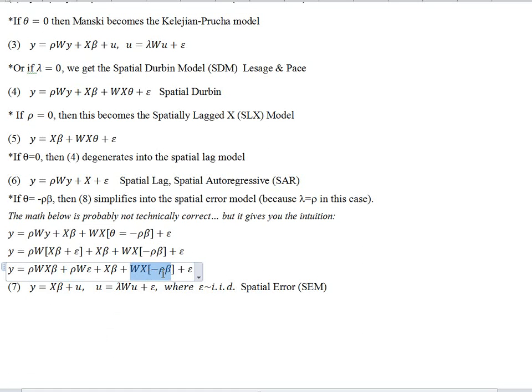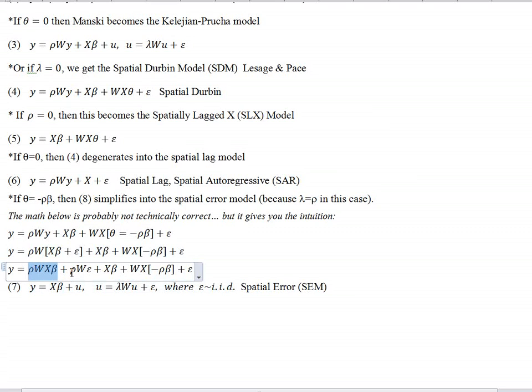Well, WX times minus rho beta and this rho WX beta. I know these are in the wrong order. You don't have to write me emails and correct me. I already said that up here. So this is just so you can get an intuitive feel. This term and this term are going to cancel. WX minus rho beta and positive rho WX beta will cancel.